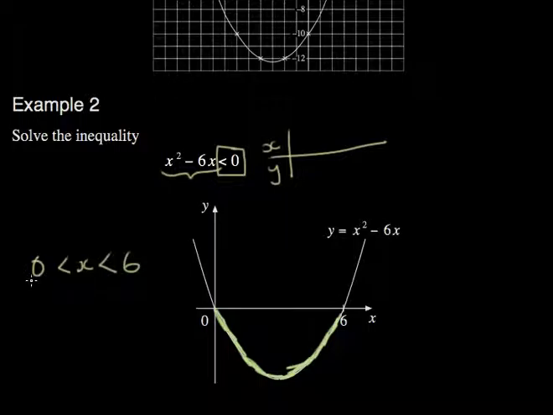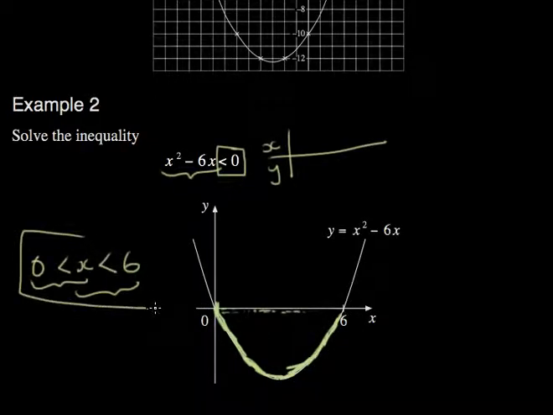Which means that 0 is less than all the x values. This value 0 is less than all of these x values here, and 6 is greater than all of the x values, which is written like this. And we can put them both together like this.